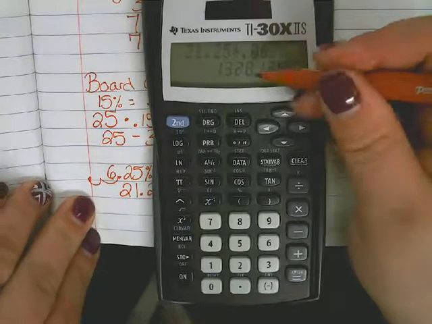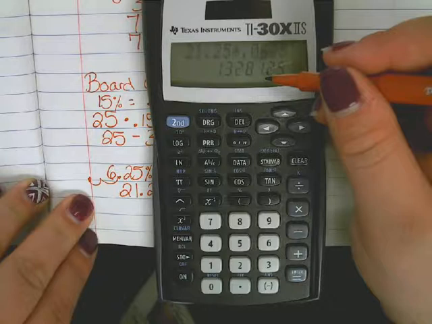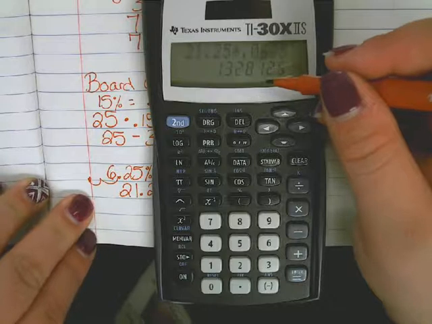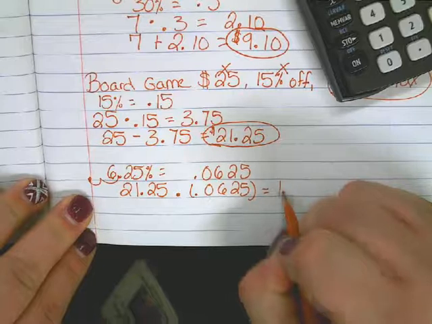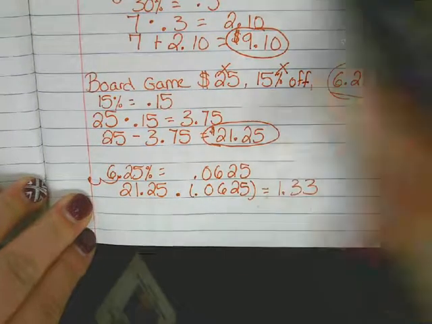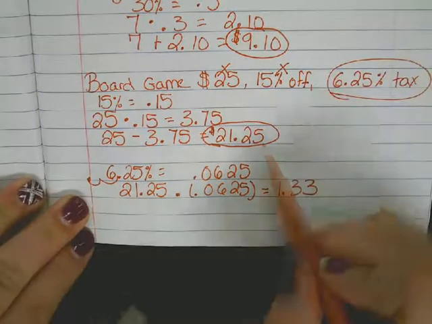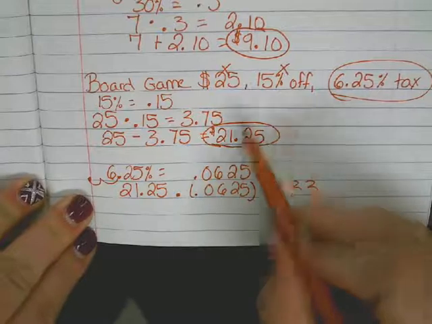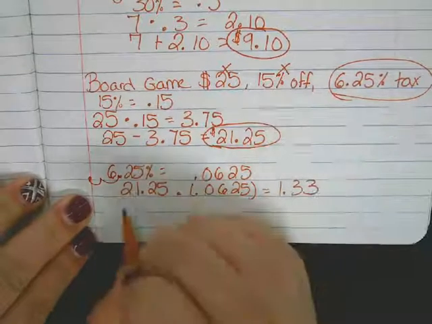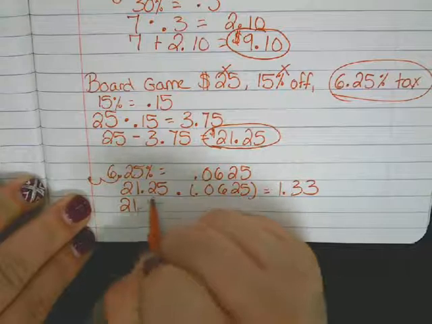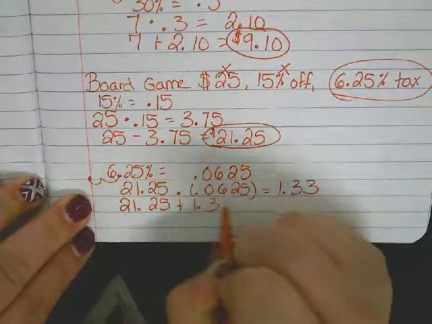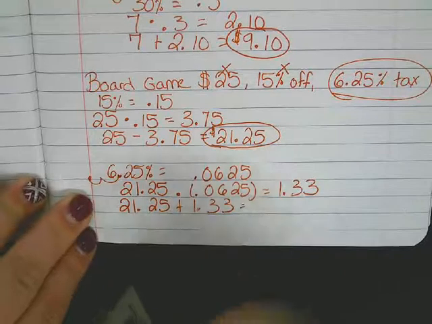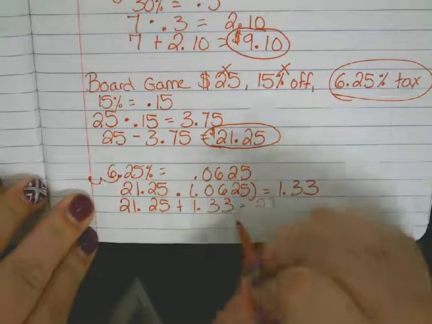Give it a shove. So I'm going up to 1.33. So now again, I'm taking that new sale price and I'm adding my total to that. Because tax means I'm adding. So when I add that, 22.58.